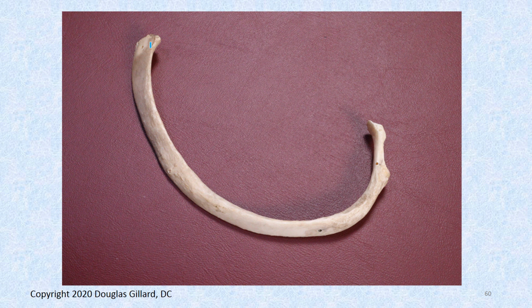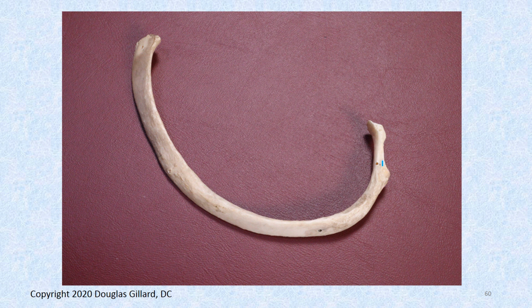That's way flatter. Okay, so that's the anterior end, the posterior end. This whole thing is called the rib shaft, up to right about here. Rib shaft runs all the way up here. There's a connection for the costal cartilage on the other end of that. We can't see it. There's a little facet for that.